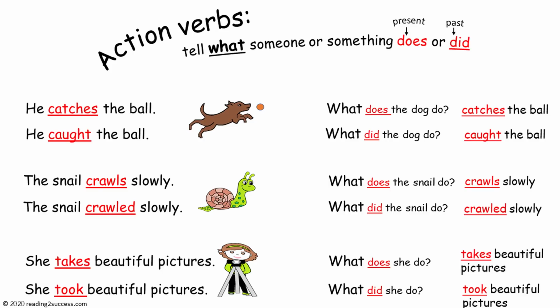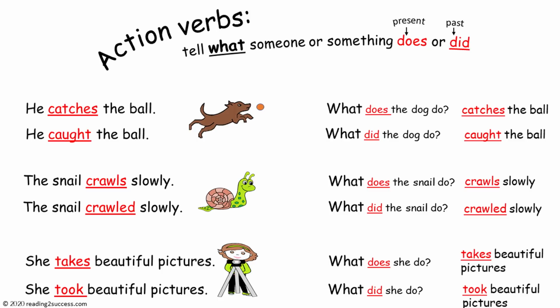Also, for the past, he caught the ball. We could ask, what did the dog do? Caught. And that would be the verb. Let's look at our next two sentences about the snail. The snail crawls slowly. What does the snail do? Crawls.